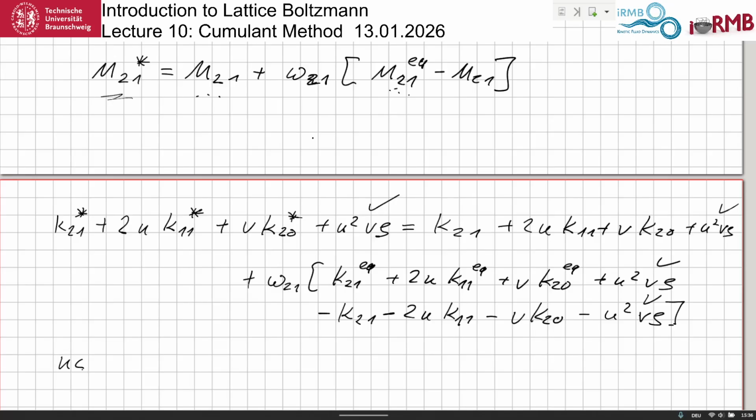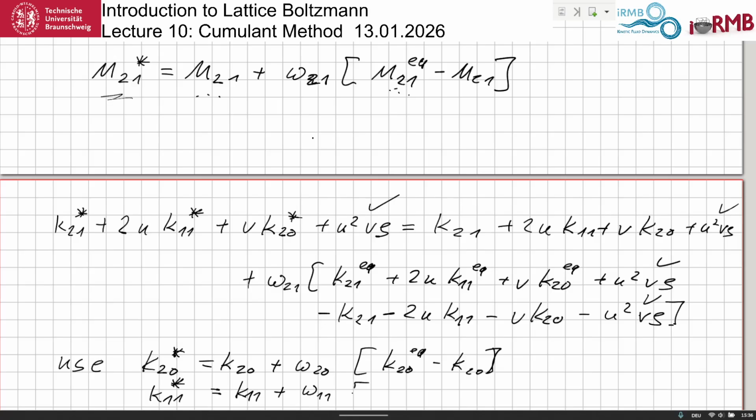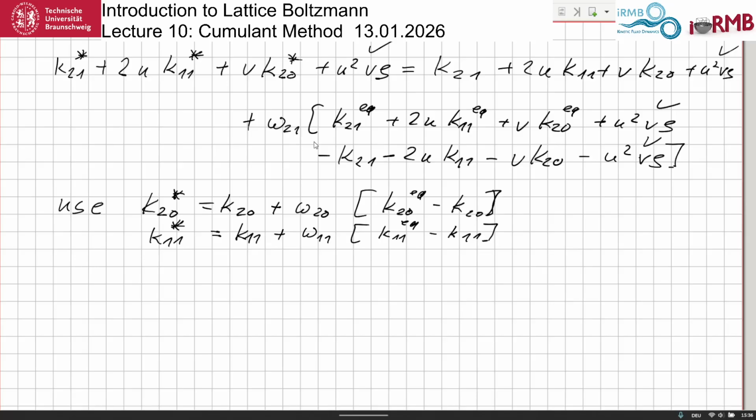For the post-collision states, we use that K20 after collision is K20 before collision plus omega 20 (K20 equilibrium minus K20), and K11 after collision is K11 before collision plus omega 11 (K11 equilibrium minus K11). So this is what we plug in here.